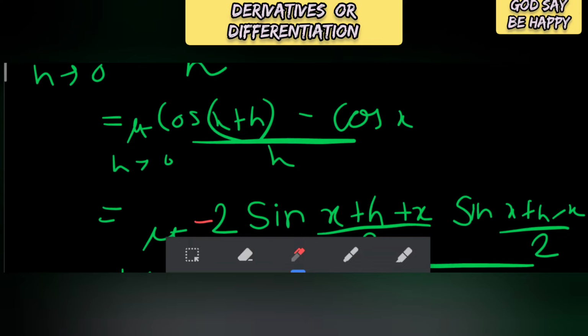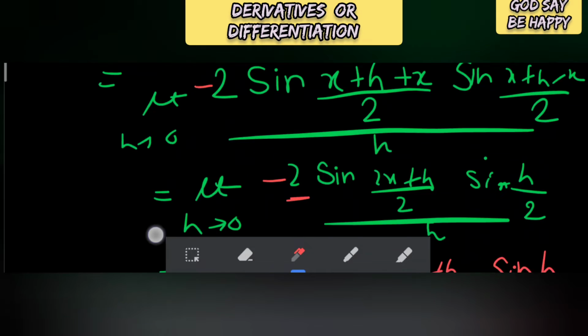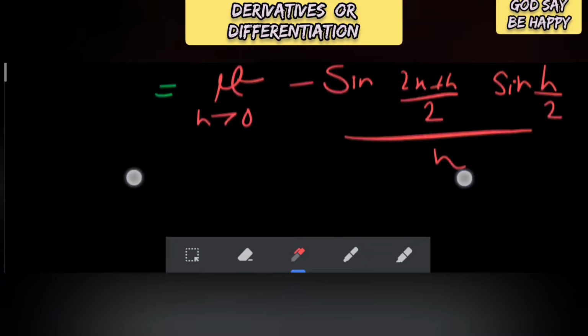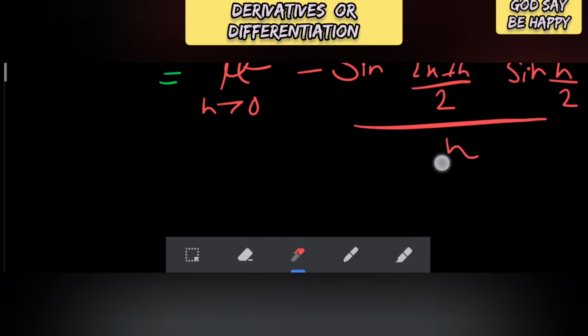In the trigonometric formula, it is minus 2 sin((C + D)/2) sin((C − D)/2). So what we'll do now is that we divide by 2.